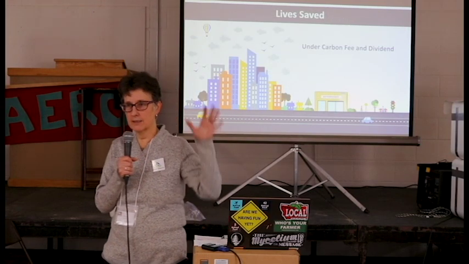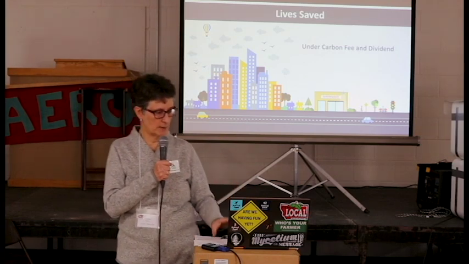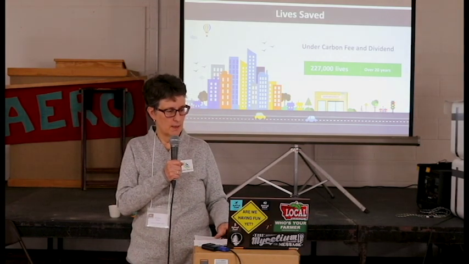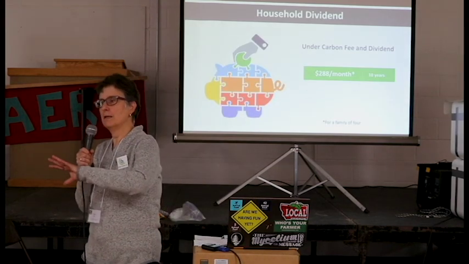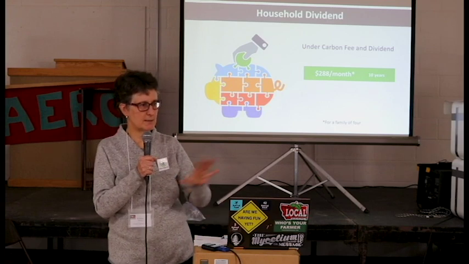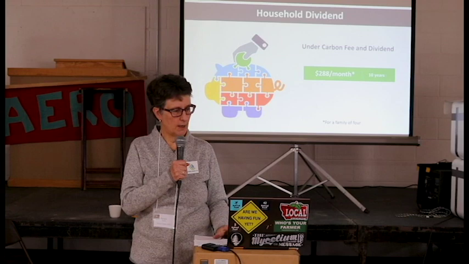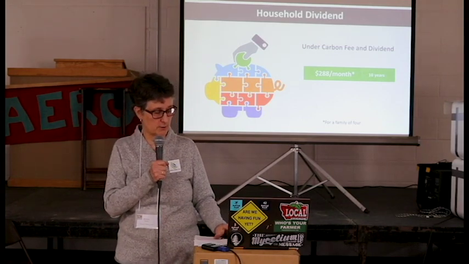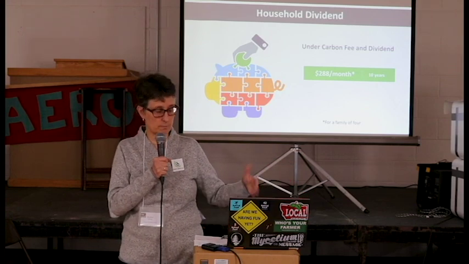And when you have less air pollution, because people are not using it, lives are saved. 227,000 over 20 years. And that's not from saving lives from not having weather events. That's from the air pollution. And then the household dividend would be enough to help people along as they transition, when those things are high, food might cost more, whatever.